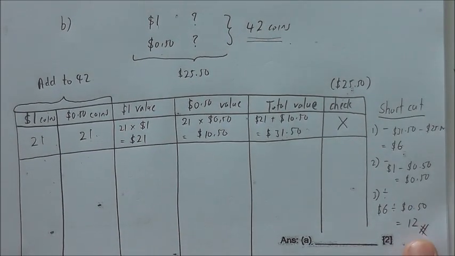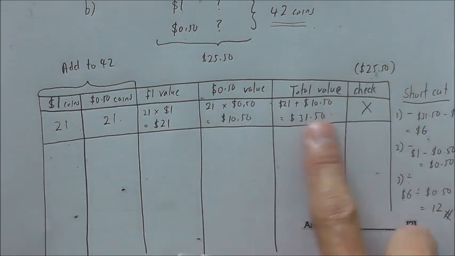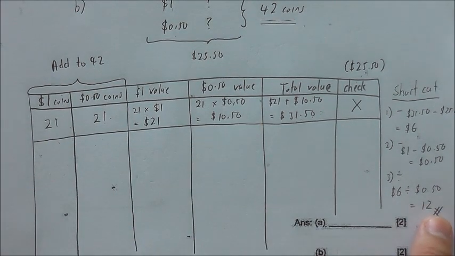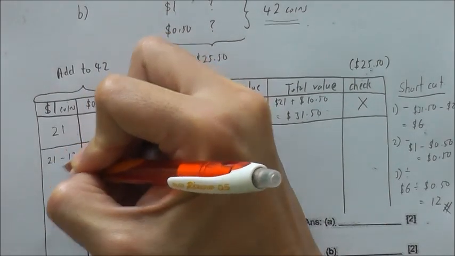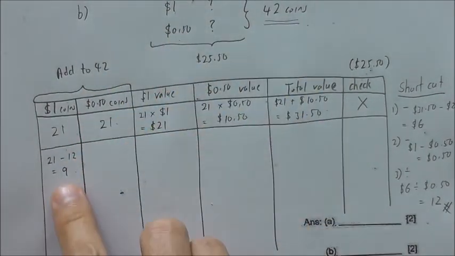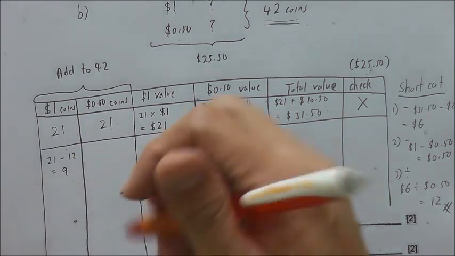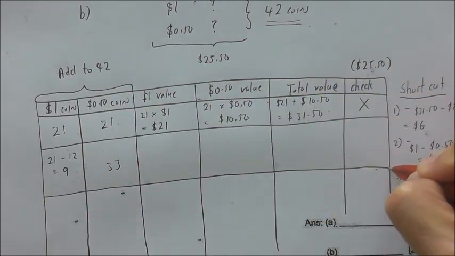Okay, so this 12, we know that now we have a total value that is too high. So we need to decrease the $1 coins. How many to decrease? 12. So 21 minus 12, I get 9. So if this is 9, 42 minus 9, I will have 33 here. Basically, in the second step you should get the answer.